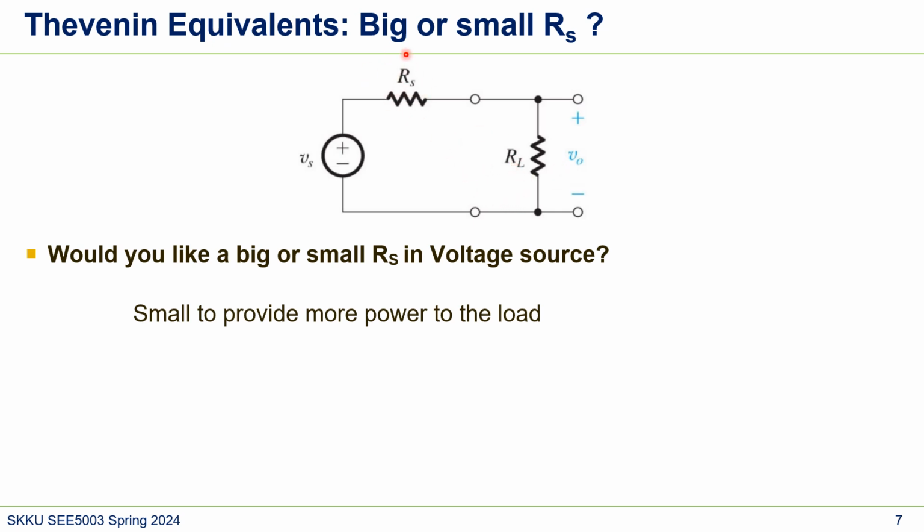So if Rs is small, that means more voltage goes here, so we can deliver more power to RL. For example, with a power supply or some voltage source, we want to make the series resistor as small as possible to provide more power to the load.